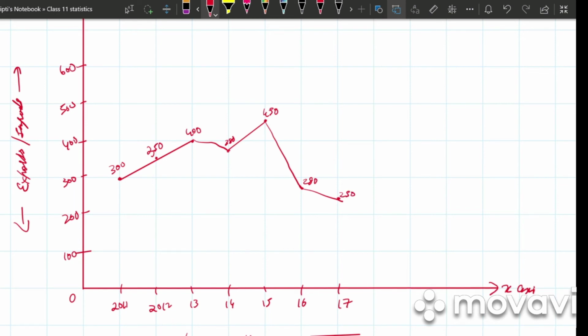Next, let's go into import. 2011 it is 420, 460, 600, 480, 550, 450 and 400. This will be dotted lines. 420, 460, 600, 480, 550, 450 and 400.